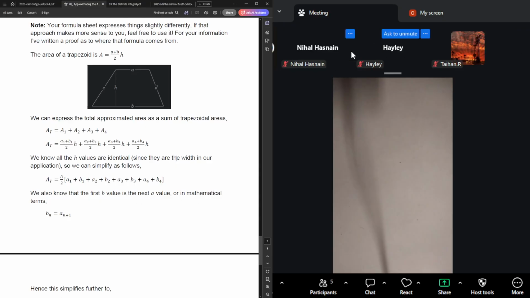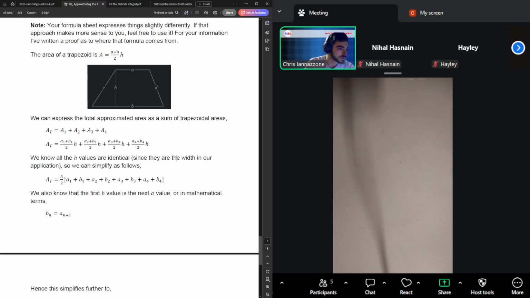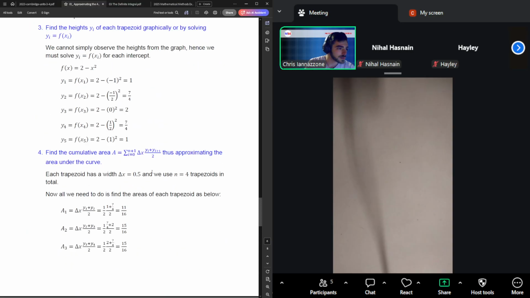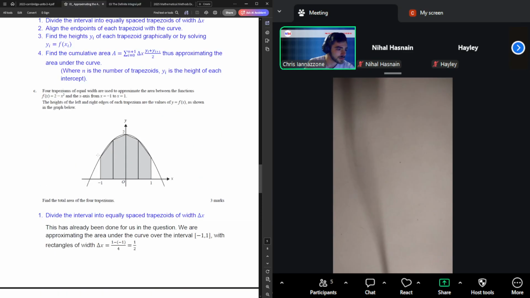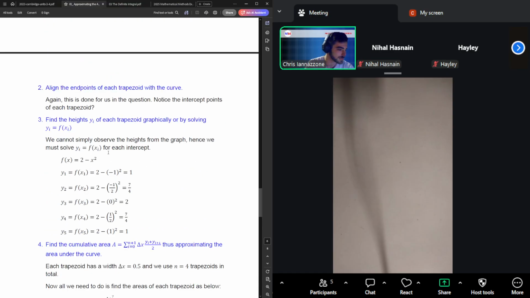The other thing that we can do to simplify this a bit further is to note again that the trapeziums are back to back. So if this is A1 and B1, this is A2 and B2. Or in other words, B1 is the same as A2. So A1, B1, A2, B2. All I'm trying to get at is the terms are described as different things, but they're actually the same.